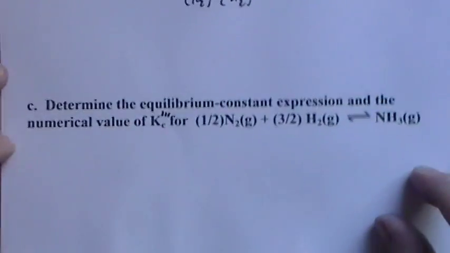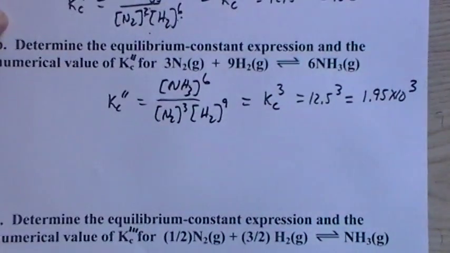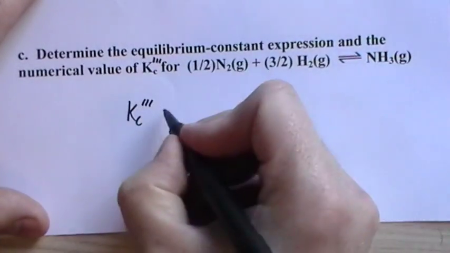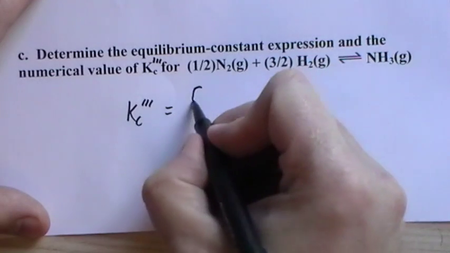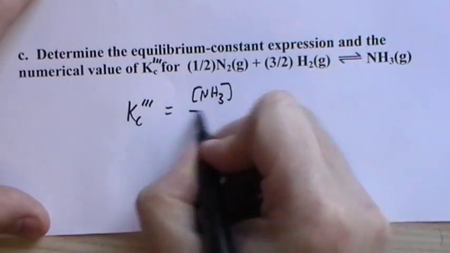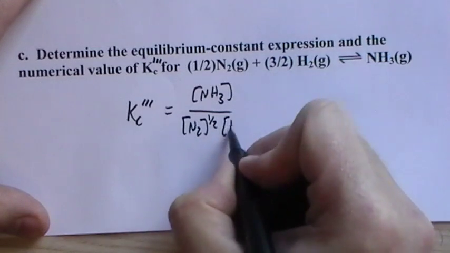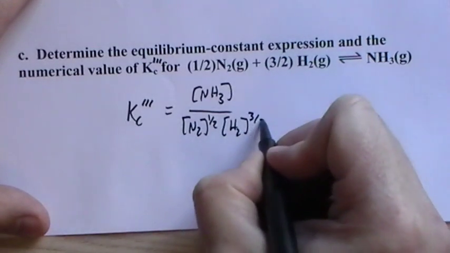And then the final one, Kc triple prime, is going to be NH3 over N2 to the 1/2 power and H2 to the 3/2 power.